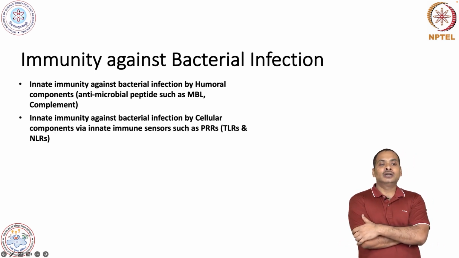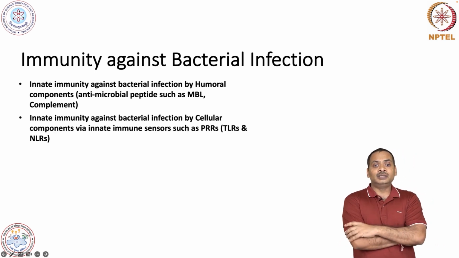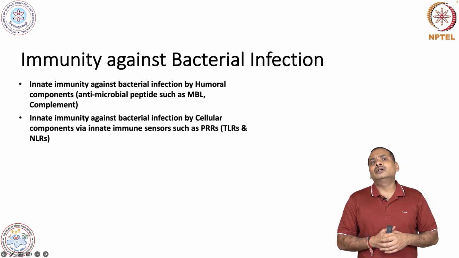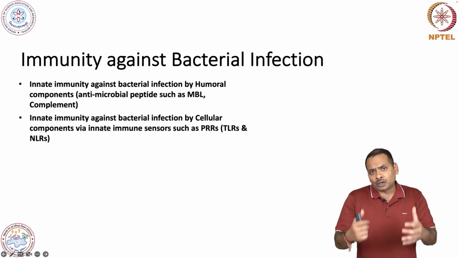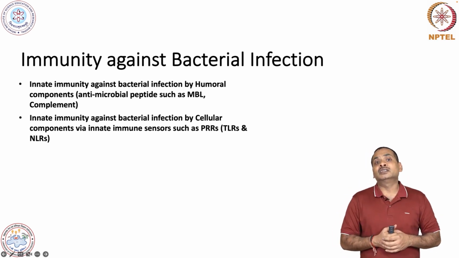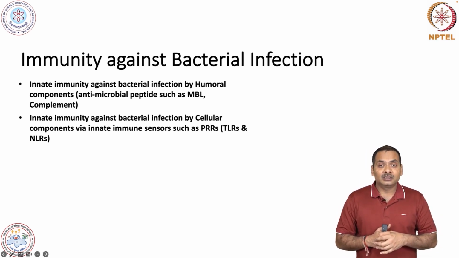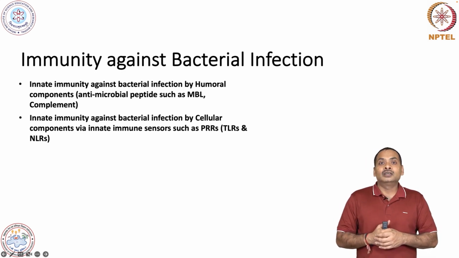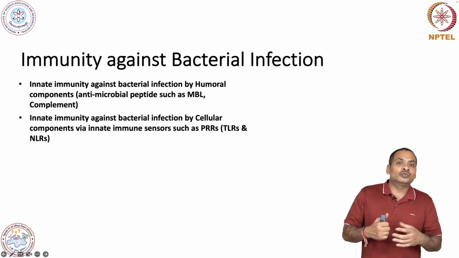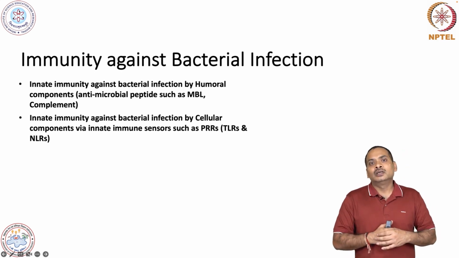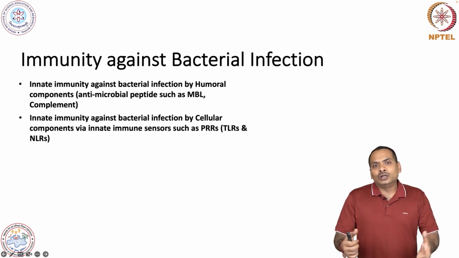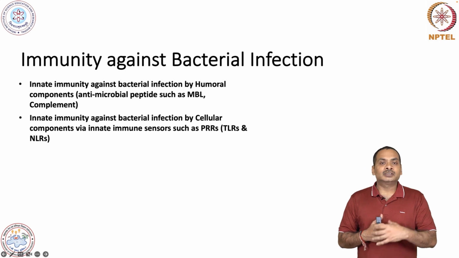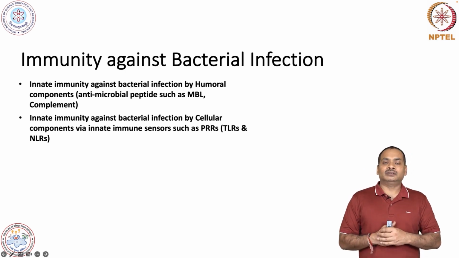Another is the cellular component, okay. There are a variety of cells, and among all cells the most prominent and most important are the phagocytic cells. You know macrophages, you know neutrophils, eosinophils also do phagocytosis to some extent. So all these cells play a very important role in phagocytosing these microbial pathogens.